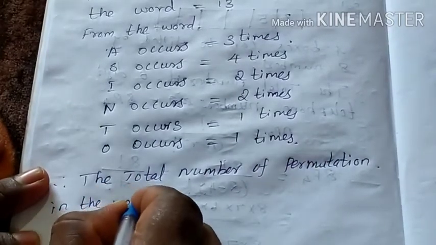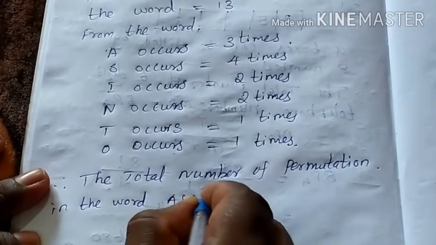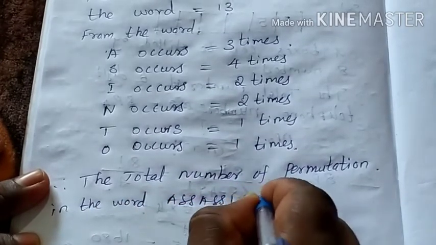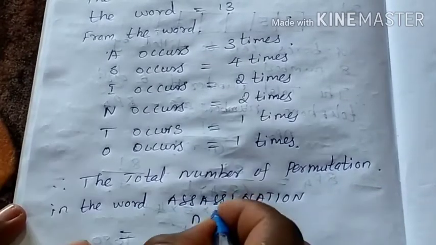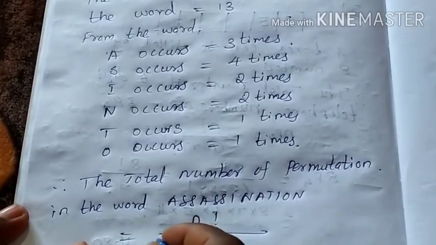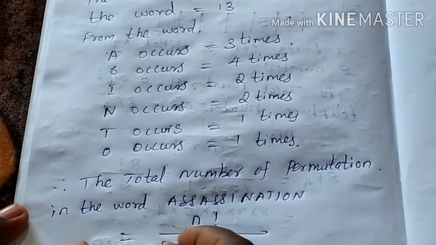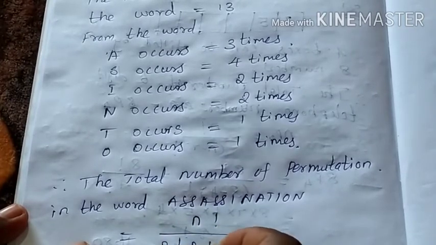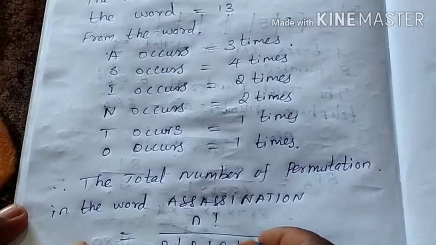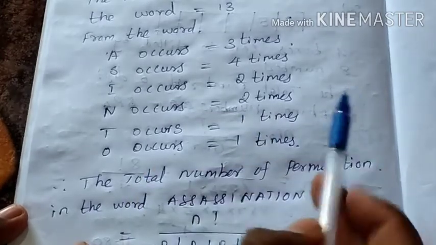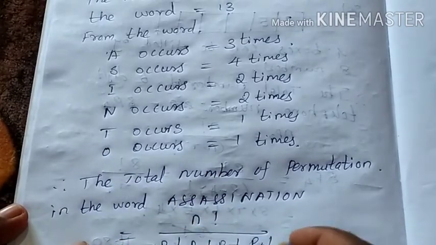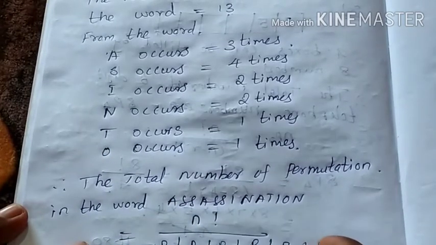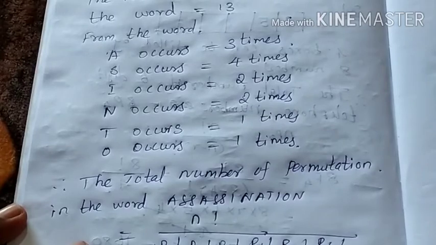of the word assassination is equal to n factorial divided by p1 factorial, p2 factorial, p3 factorial, p4 factorial. So totally 1, 2, 3, 4, 5, 6 letters, so p5 factorial, p6 factorial.